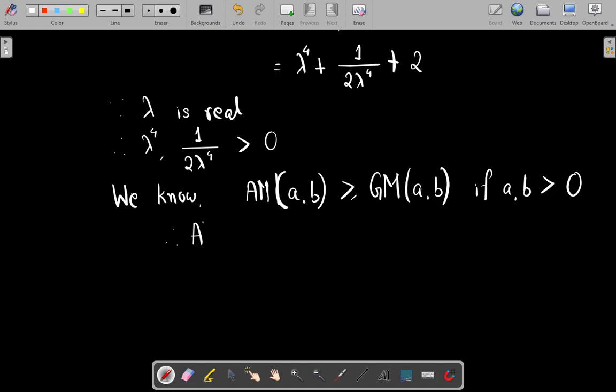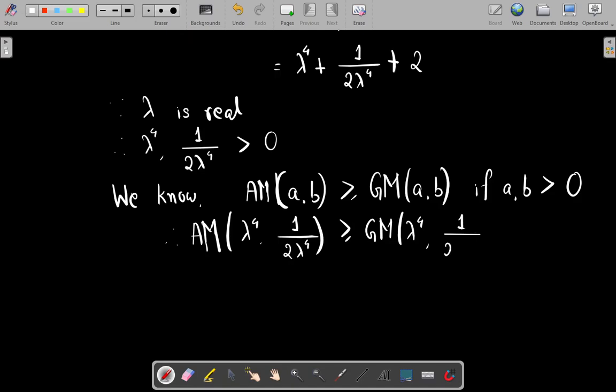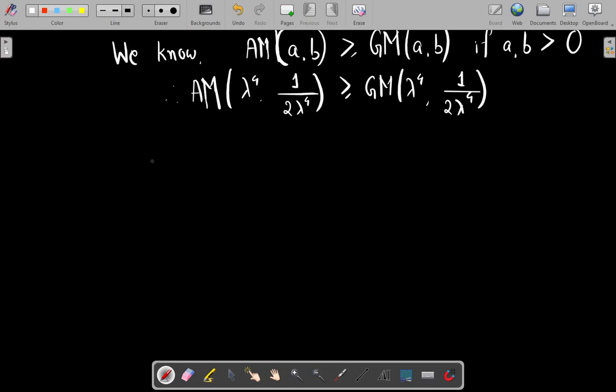So therefore the arithmetic mean of lambda to the power 4 and 1 upon 2 lambda to the power 4 will be greater than or equal to the geometric mean of lambda to the power 4 comma 1 upon 2 lambda to the power 4. Okay, so far so good.